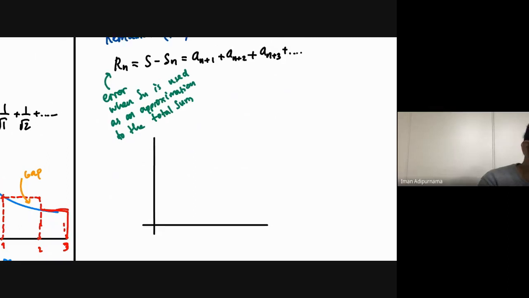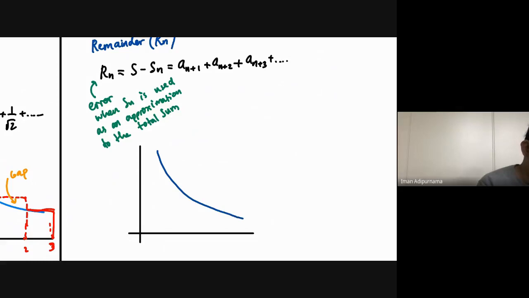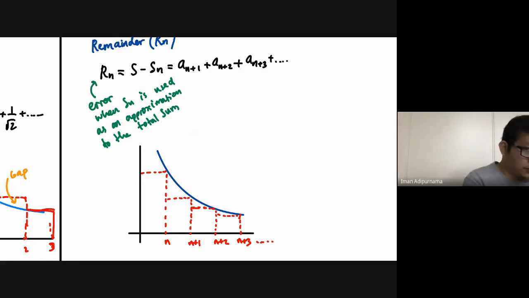Let's say we have another graph here. Let's say this is n, this is n plus 1, n plus 2. We can write down the Rn.